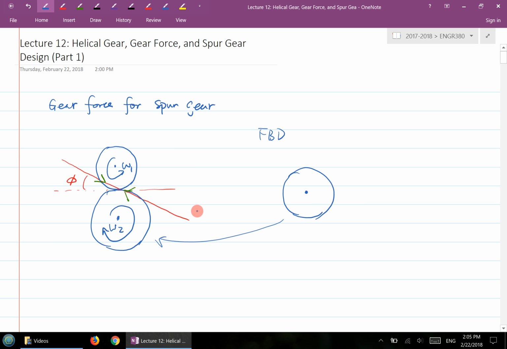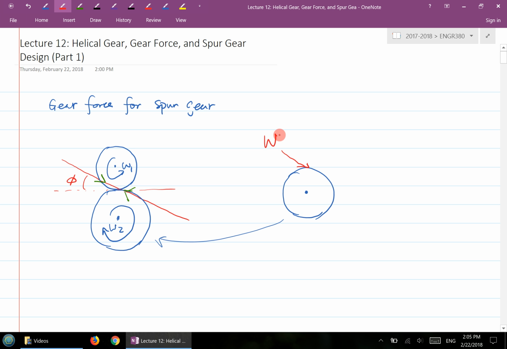Then we can have a force pointing in this direction here.